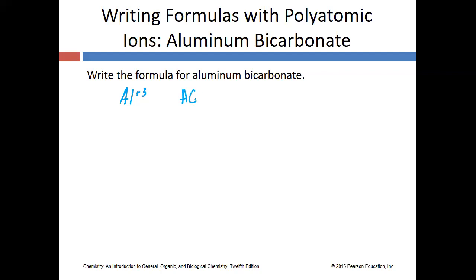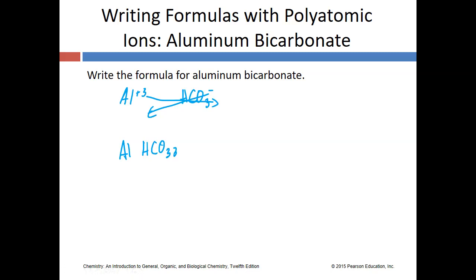So the cluster is HCO3 -. I can see that I have a mismatch here, so I'm going to need a crisscross. I'm going to have 1 aluminum. I'm going to have 3 bicarbonates. If I did it this way, it would look a little bit confusing.